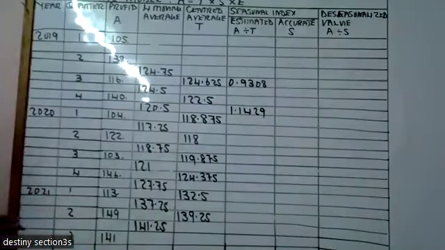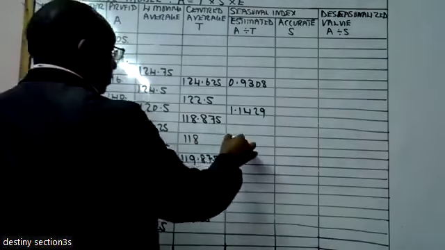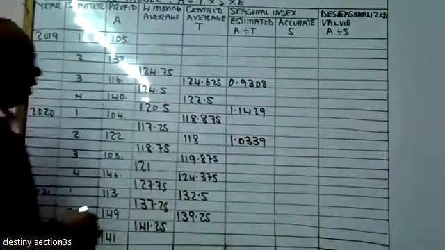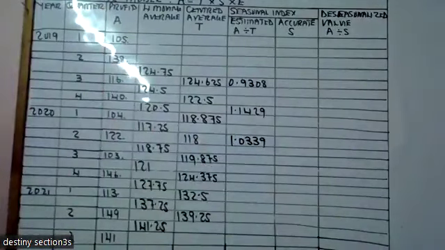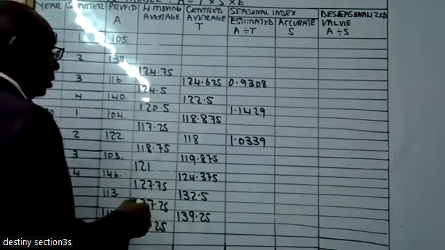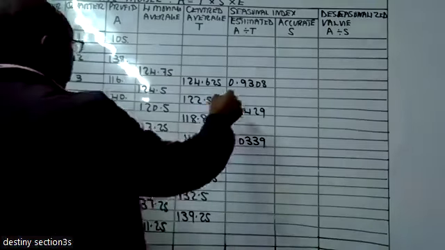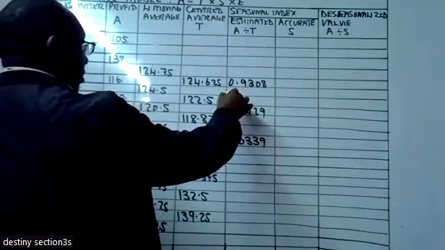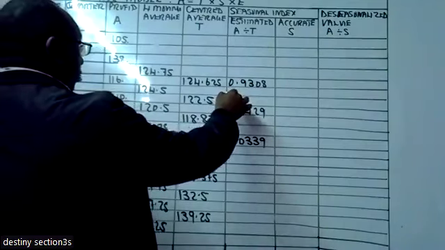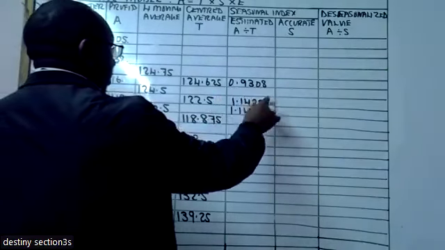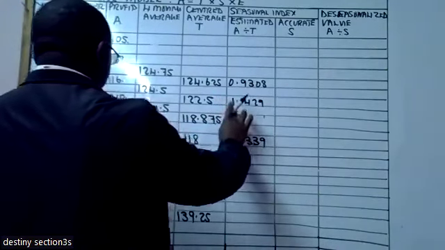Go to the next one, 122 divided by 118. 1.0339. Oh, I wrote that wrongly here. It was supposed to be here, 1.1429.